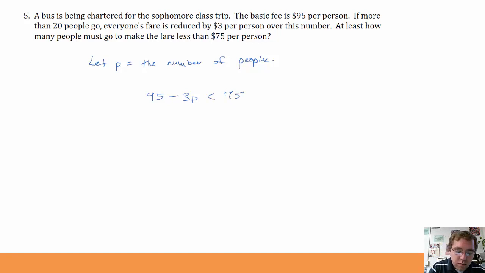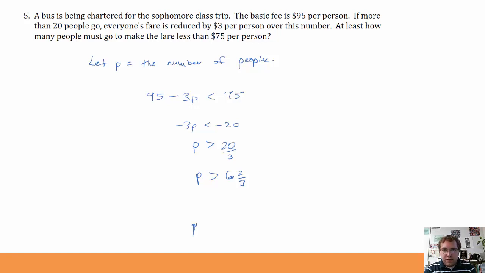And now we solve it for P. So subtracting the 95 from both sides, negative 3P is less than negative 20, which means P, when we divide both sides by negative 3, is greater than, because we had to switch the sign, 20 over 3. 3 doesn't go into 20 evenly, but this is 6 2/3, right?